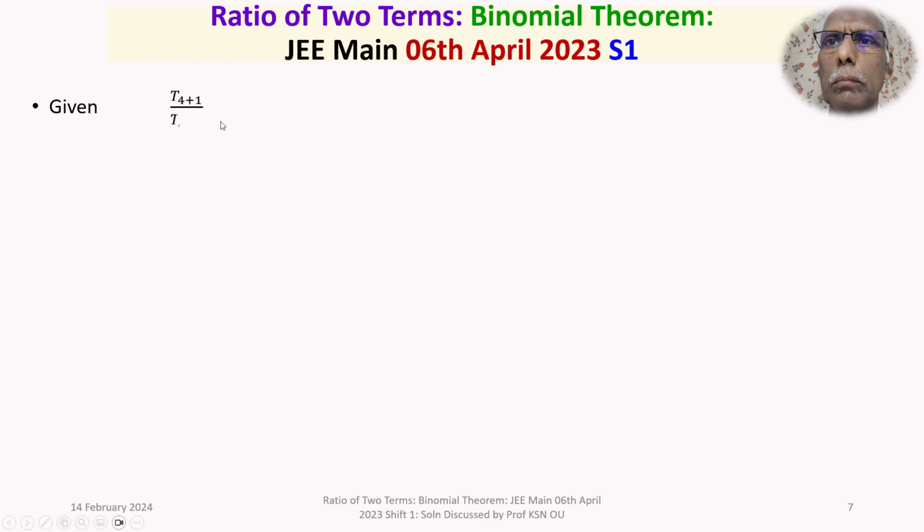So we have the ratio as root 6. nC4 cancels. Fourth root of 2 to the power of n minus 4 by the fourth root of 2 to the power of 4: when you bring it to the numerator, it is fourth root of 2 to the power of minus 4, and then it becomes fourth root of 2 to the power of n minus 4 minus 4, that is n minus 8.